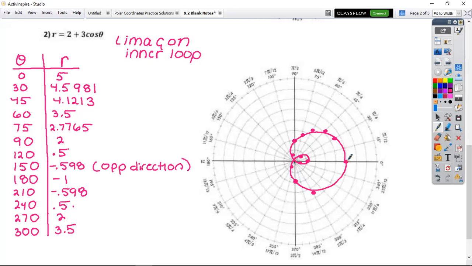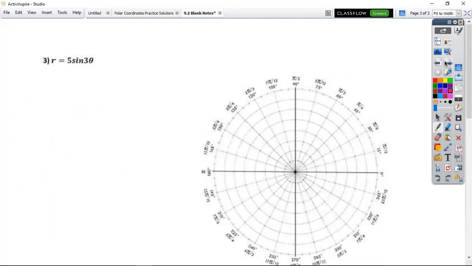Now, on to the roses. So if you flip, your last two are your rose shape, but they are different. So this first one here, I am given r is equal to 5 sine of 3 theta. So this is going to be the length of my radius.